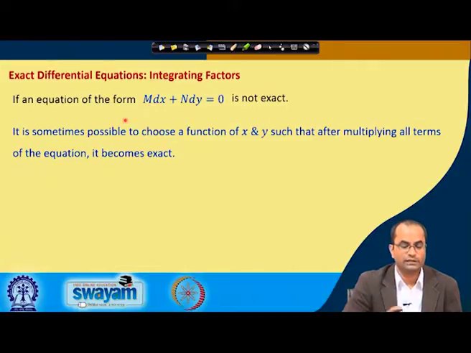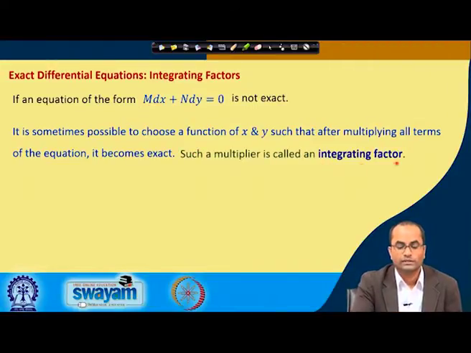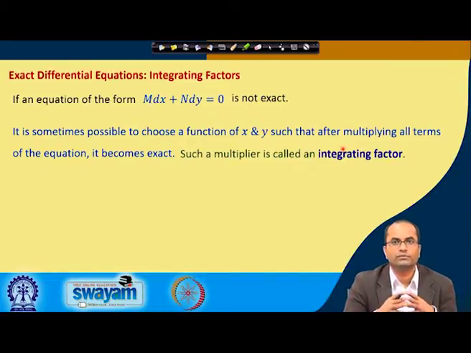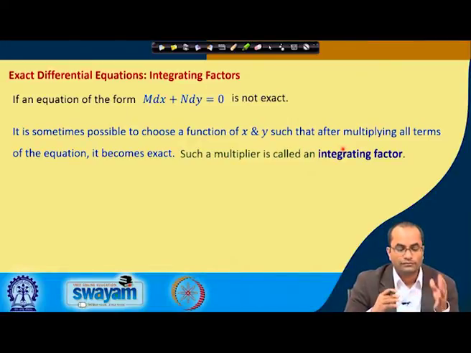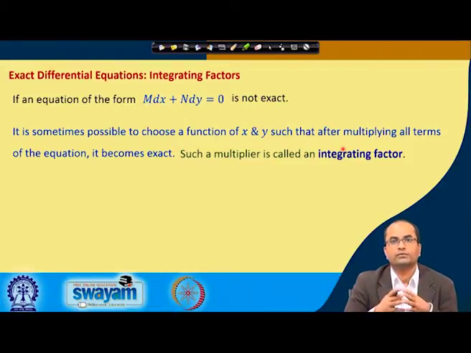Such a multiplier is called the integrating factor. So, the integrating factor is a function of x and y which, after multiplication to the given differential equation, makes it exact.